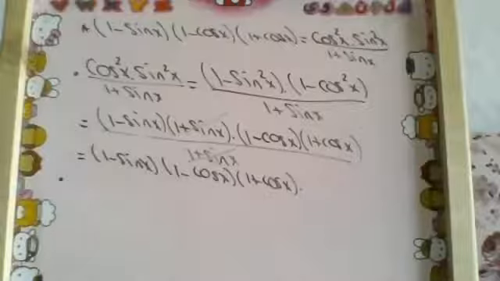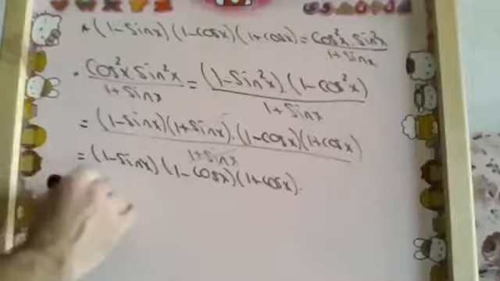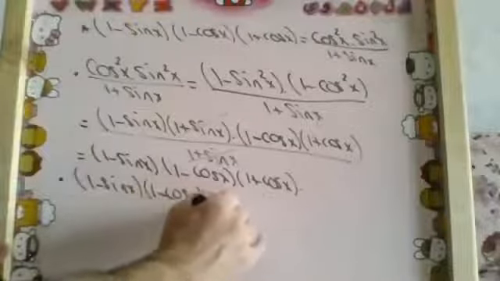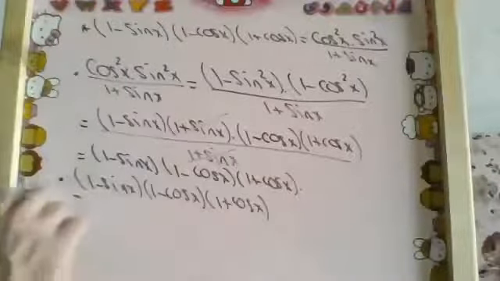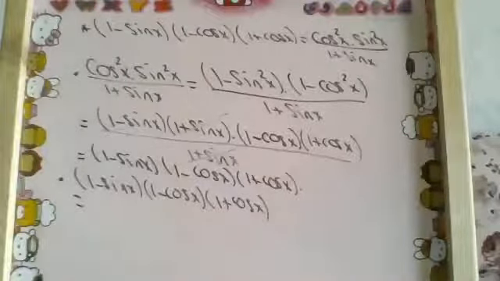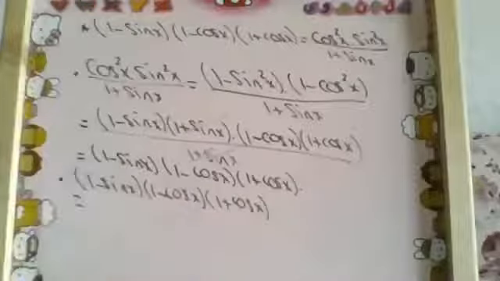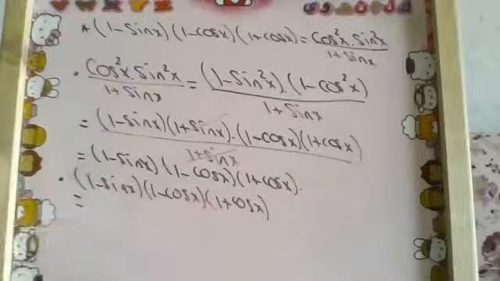Now, if we start again from the left: 1 minus sine x, into 1 minus cosine x into 1 plus cosine x. Of course here it's an identity, it's very clear. 1 minus cosine x, 1 plus cosine x is an identity, so it is 1 minus cosine squared x.